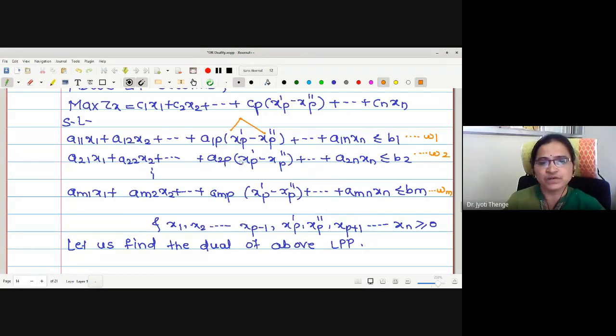But if we observe, the coefficients of x_p dash and x_p double dash are the same, only the sign changes, negative sign. Because the coefficient of x_p dash is a1p, the coefficient of x_p double dash is minus a1p.